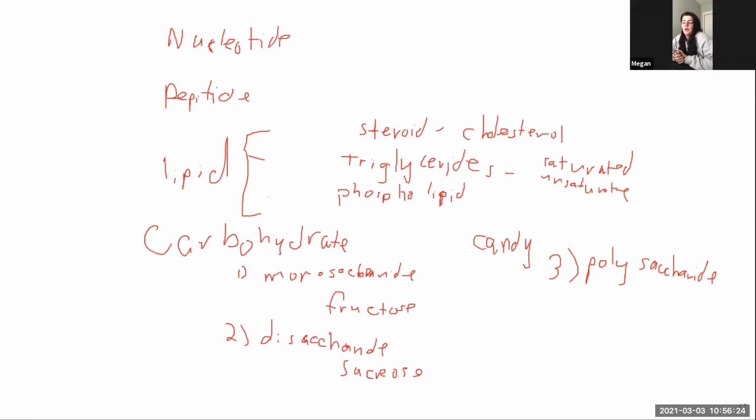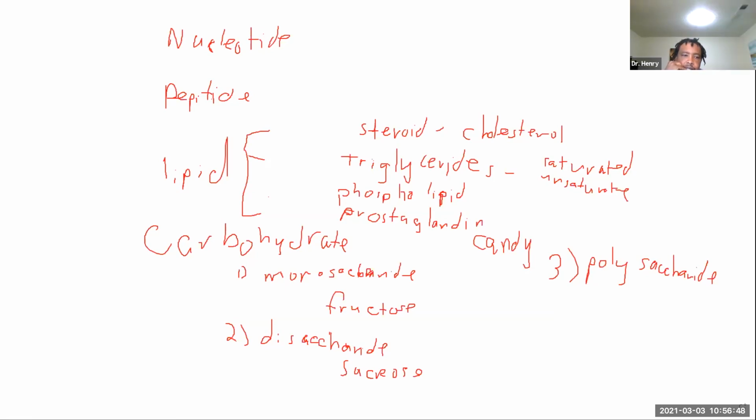I don't think I wrote it down in my notes. Prostaglandin. Yes. Prostaglandin, yes. I was like, I don't know that word. Like prostate. Prostaglandin. Okay. Okay, let's see.